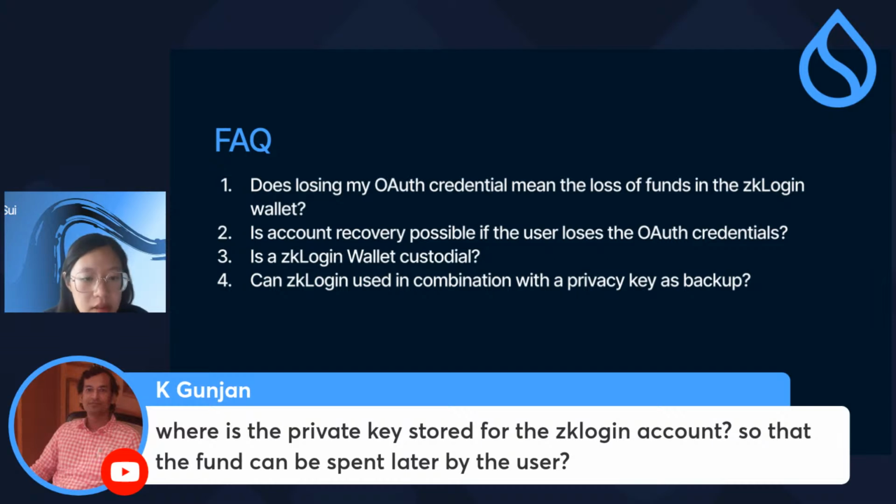And the funds can be spent later by the user, yes. So you'll notice if you log in with Google to the same application, you still see your funds exist in that account, because the change of the private key does not affect your funds at all. It still sits in the same account that is associated with your Google credential.